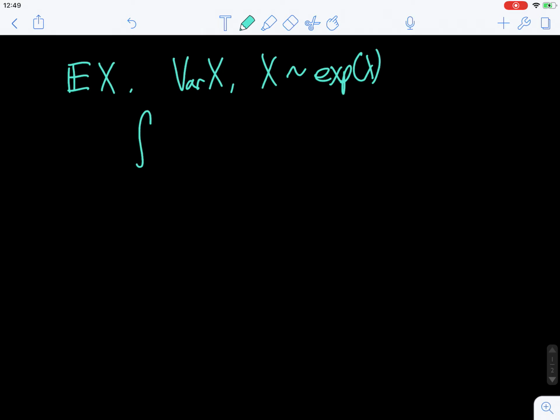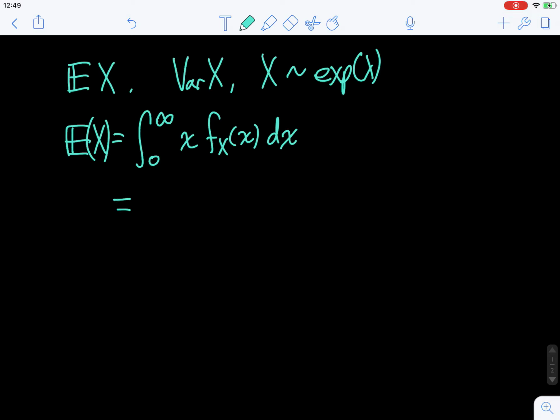By definition, the expectation of x is given by the integral over the support of x times f of x dx, where f of x is the PDF. And so plugging in the PDF, we get x times 1 over lambda e to the negative x over lambda dx. Okay? And so we just have to integrate this, but then we're going to use integration by parts.